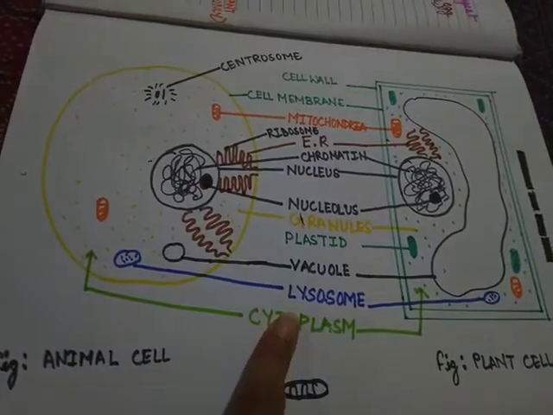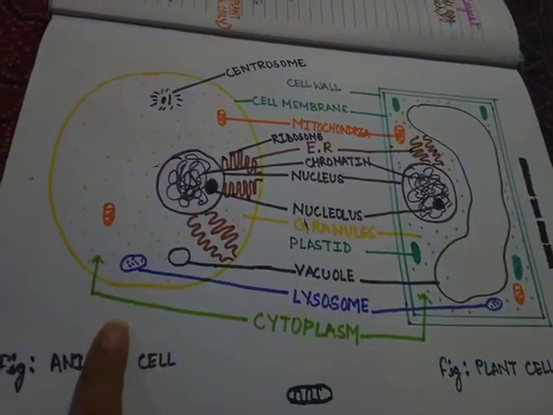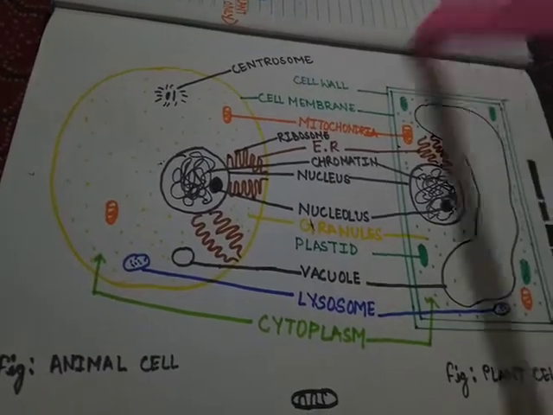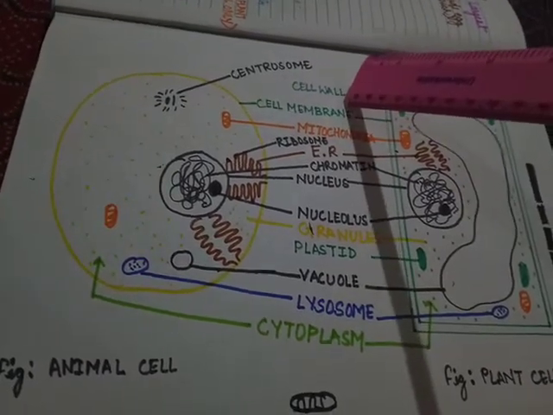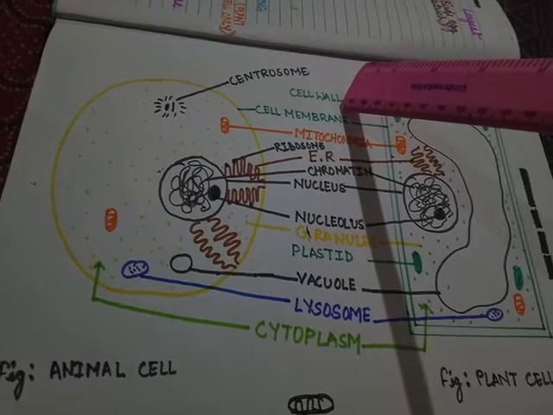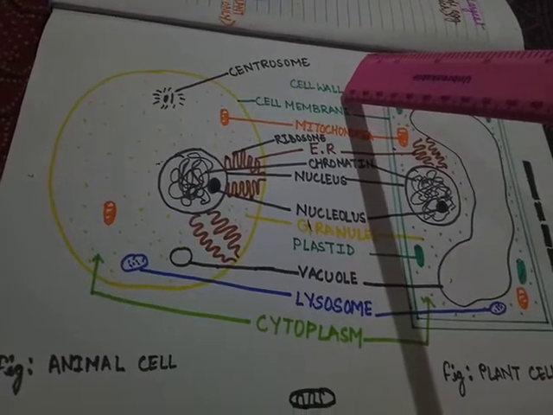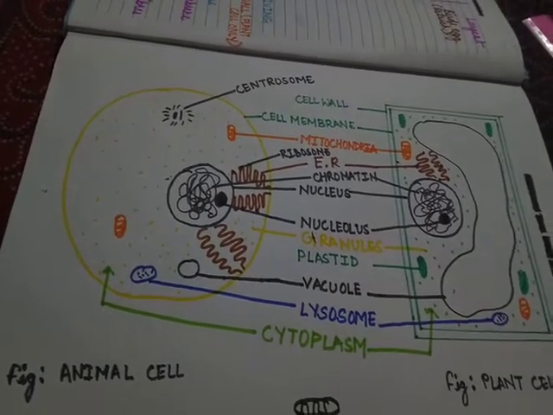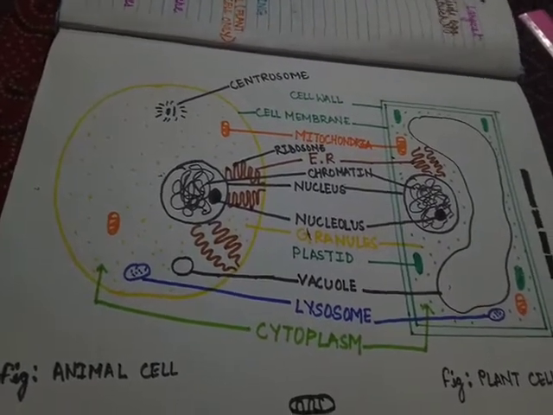These are the organelles, and this is typically an animal cell. So first of all, I'll start with the cell wall, the first organelle. In your book, you can refer to table 2.1 for your better understanding.